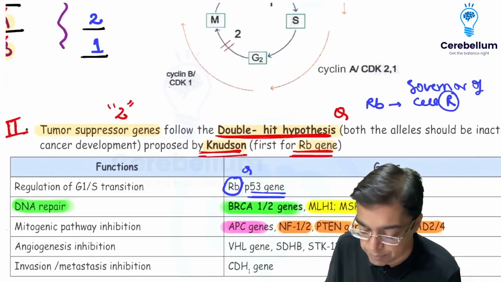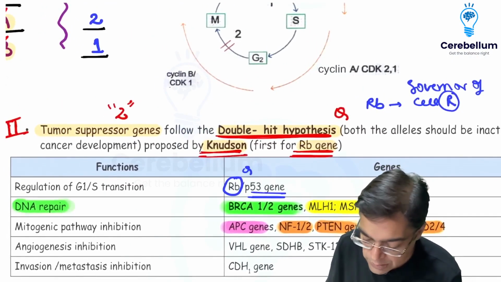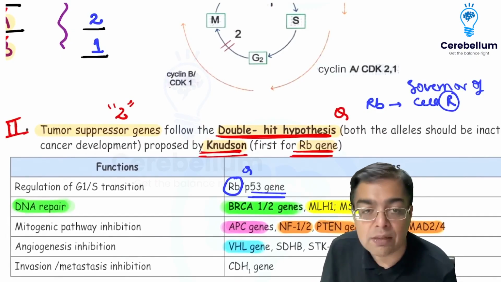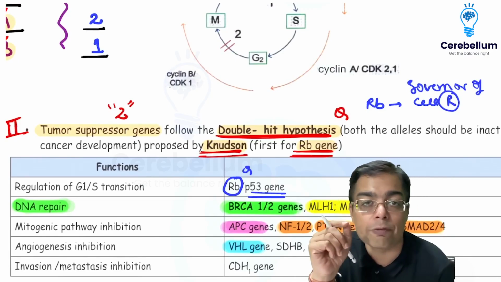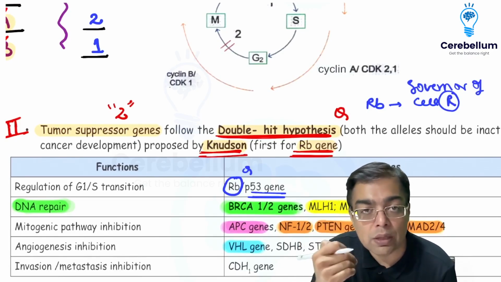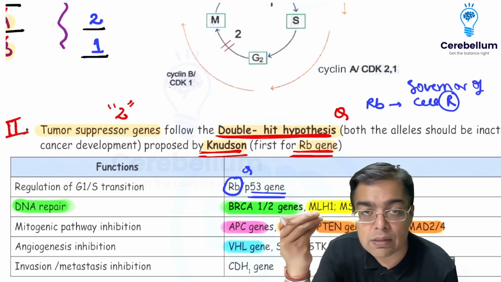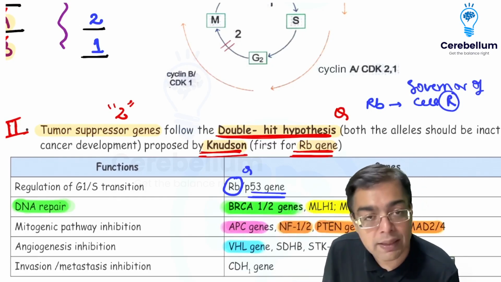So important examples that we just need to keep in mind with respect to each of these genes. Examples include the VHL gene. They are responsible for control of the blood vessel formation, or they inhibit angiogenesis. So when they get altered, there is too much angiogenesis, and if there is too much angiogenesis, proliferation becomes easier. And that is what is going to result in spread of the cancer.